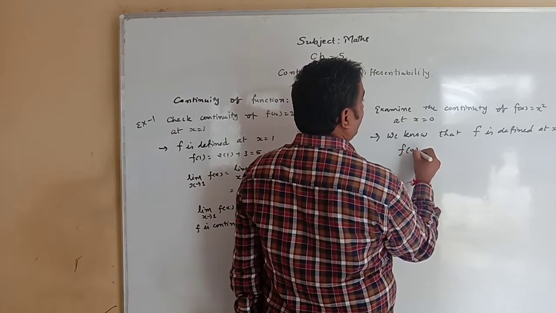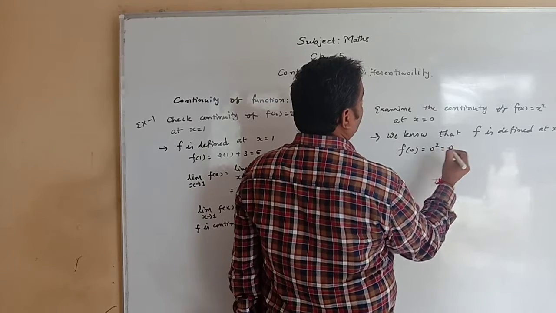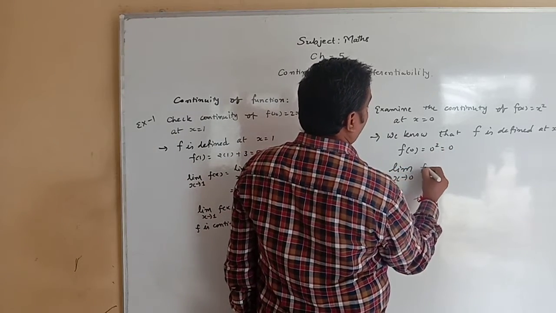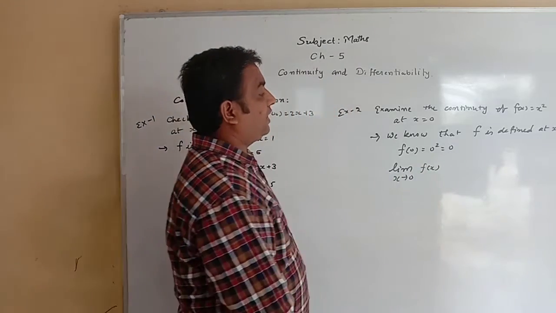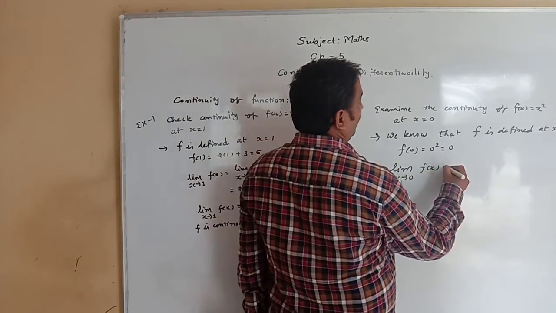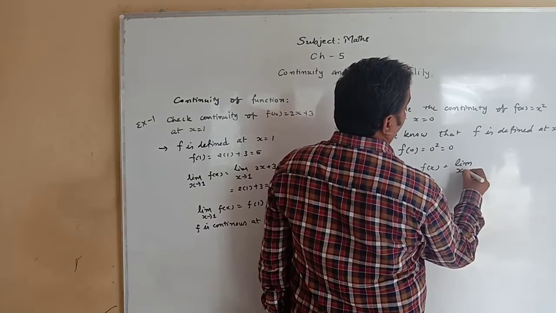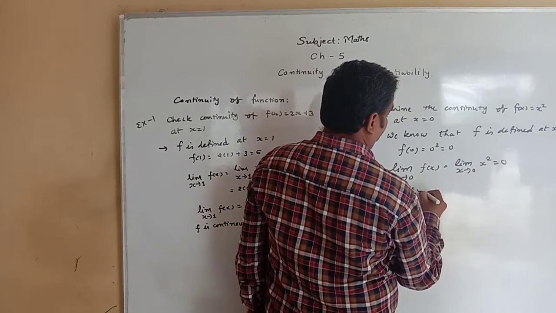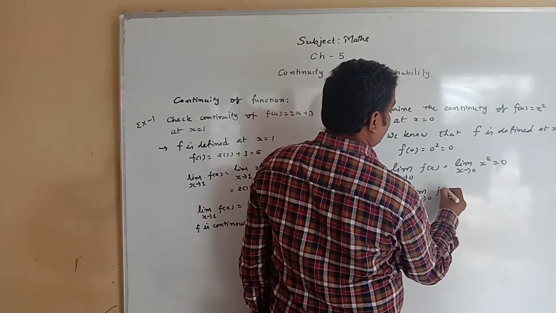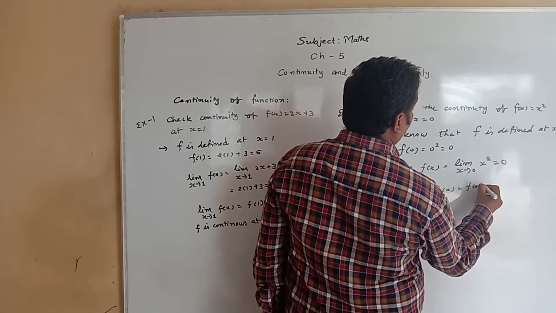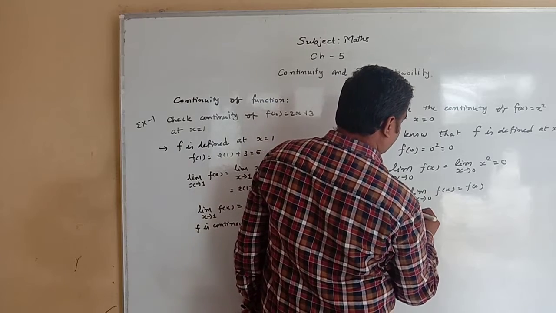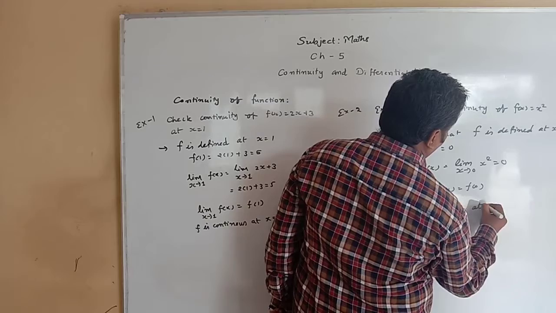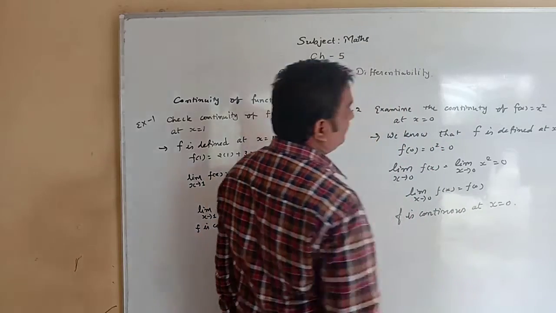So f(0) is 0 square, which is 0. The limit as x tends to 0 of f(x) is the limit of x square, which is 0. So the limit equals f(0), and so f is continuous at x equals 0.